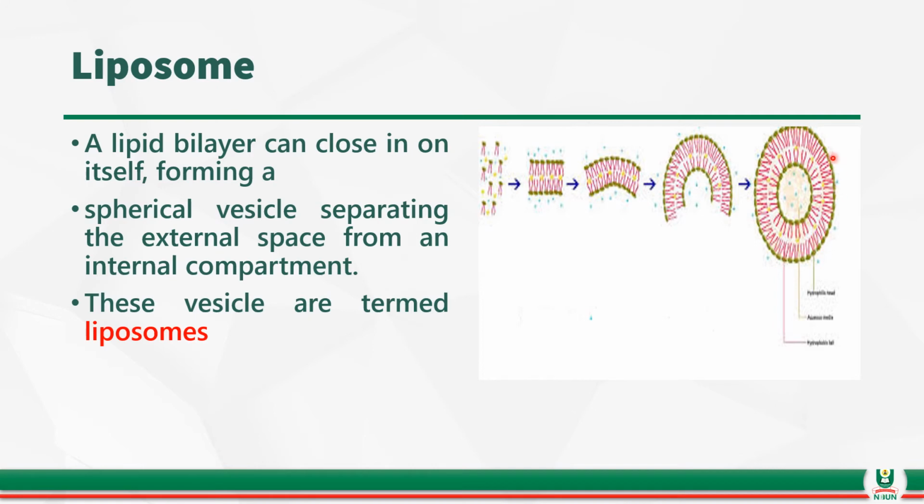This spherical substance excludes water or any aqueous solution from the outside and also protects the inside. When this happens, this thing is called a liposome. This spherical vesicle that has been formed is known as a liposome.